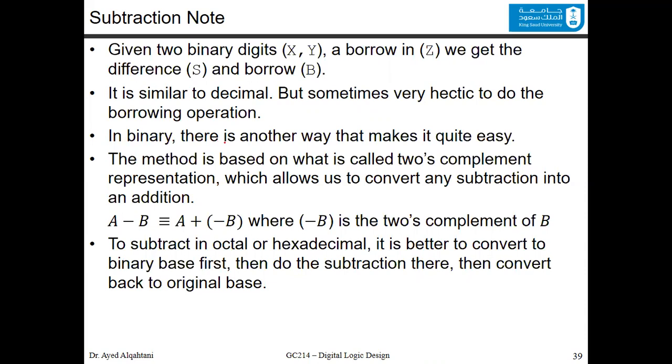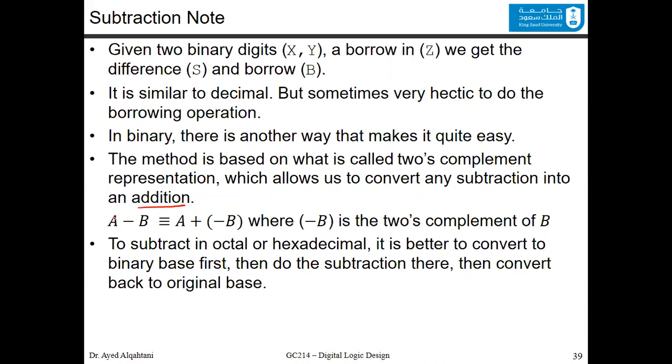So in binary, there is another way that makes it quite easy. This method is based on what we call the 2's complement representation. We will mention this later. This allows us to convert any subtraction, whatever the subtraction that we have, to addition. And we know that addition is easy for us.